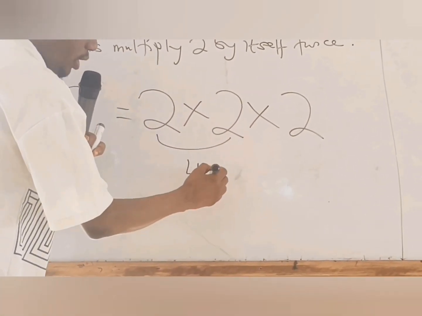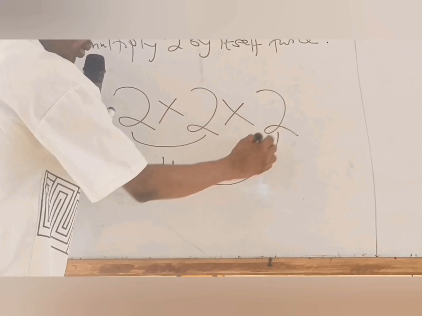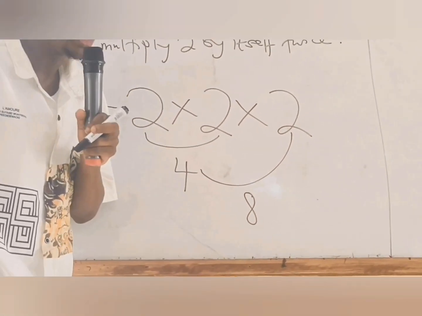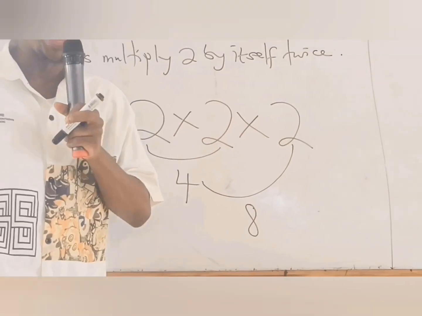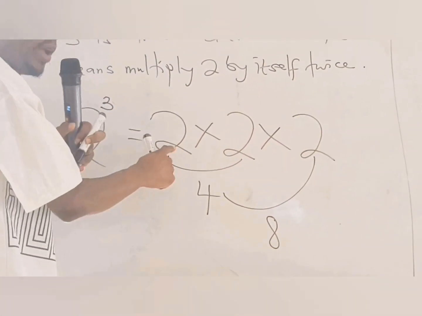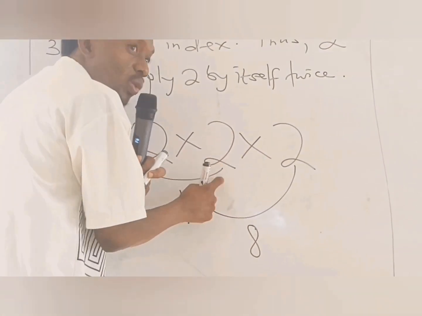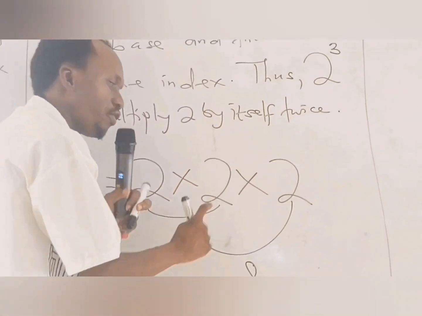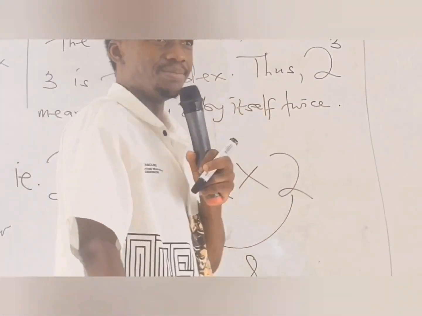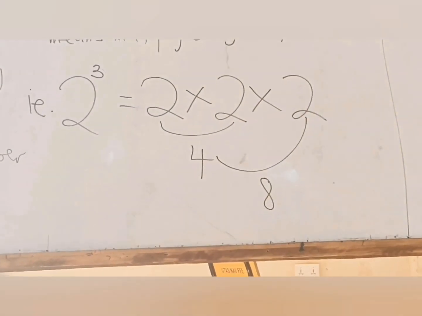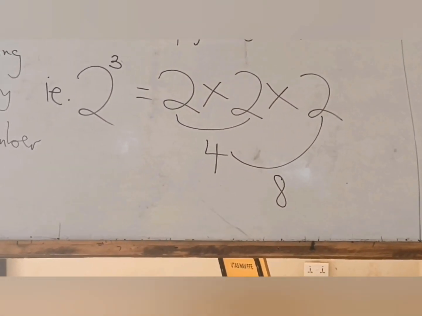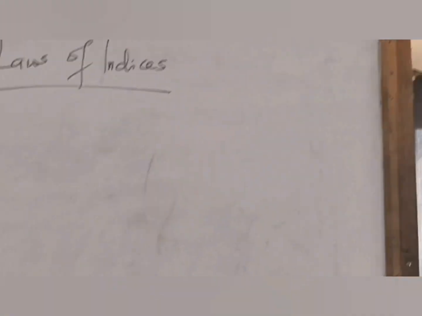Then you multiply 4 by 2. How many times did we multiply? We only multiplied twice. By 2 we had 4, that's one time. After I multiply 4 by 2, that's the second time. Who misled you in your secondary school?